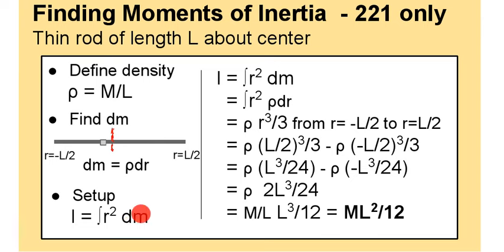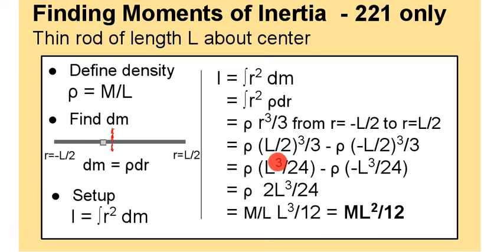Here's my setup right there, and again here. We know that dm is equal to rho dr, so I put that in. The rho, again, is a constant, comes out front, and I integrate r squared with respect to r. I'd get r cubed over 3, and there are my limits. I take the upper limit and I put it in, and then I subtract what happens when I put the lower limit in right there.